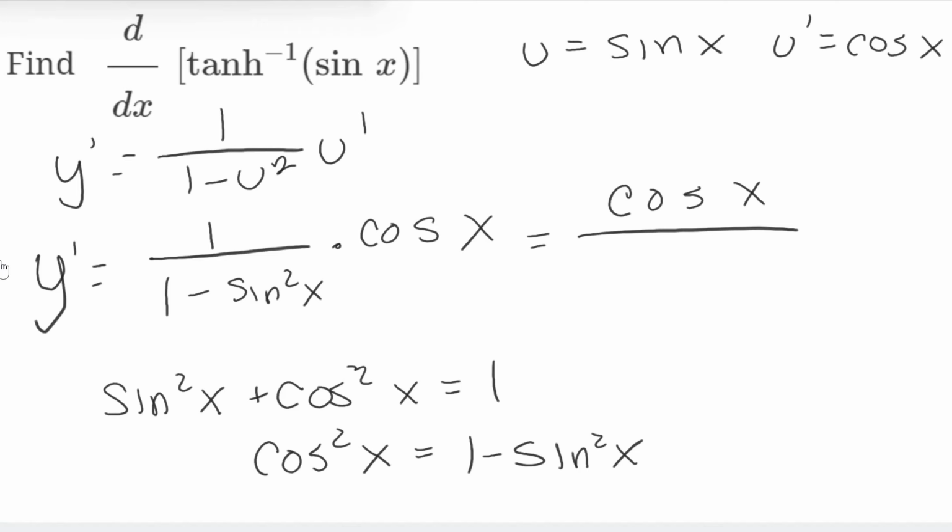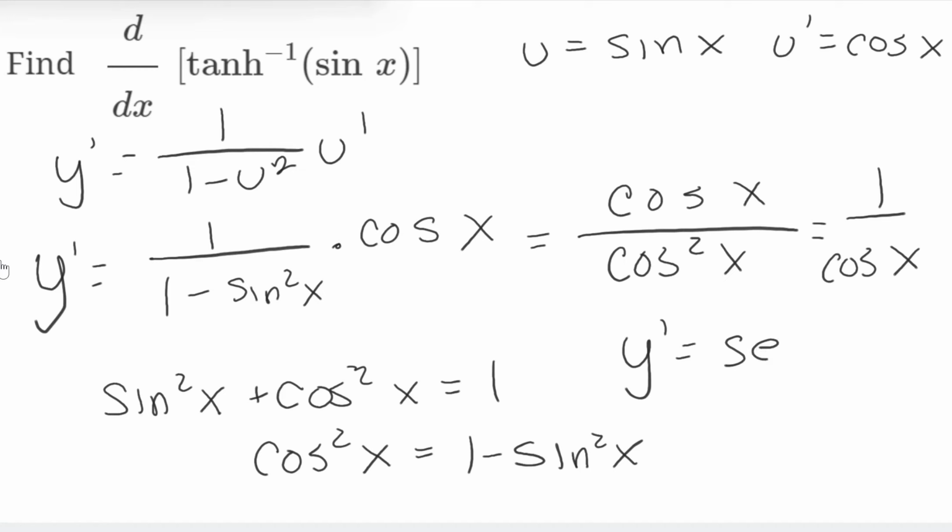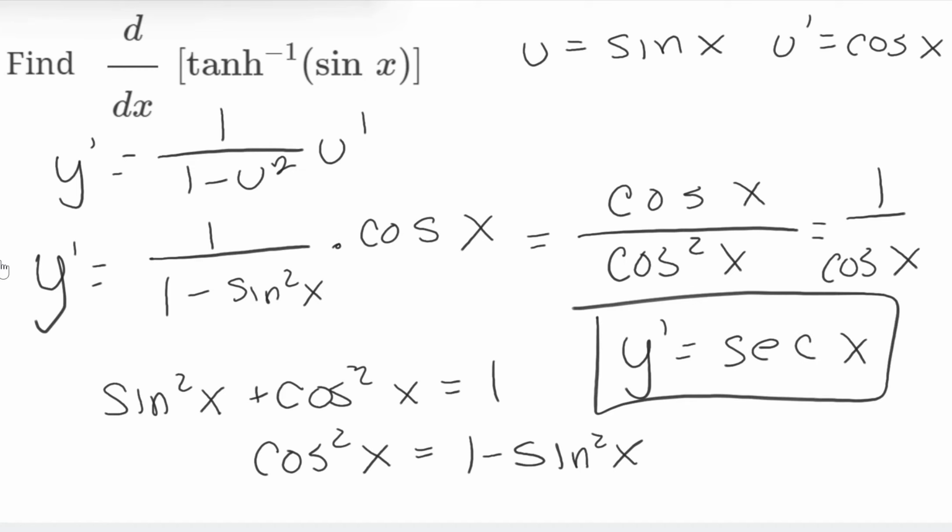So, all right, 1 minus sine squared is cosine squared x. So that would be 1 over cosine x, so y prime is secant x. And that's actually probably the hardest part of the trig: it typically does reduce down to something very simple.